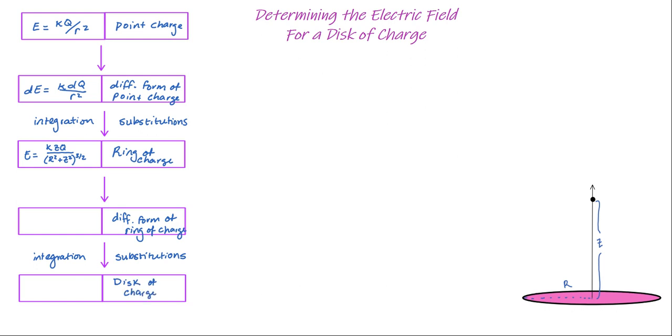Now, visually speaking, what's happening here is we're saying, well, eventually to get to a ring of charge, we're adding up a bunch of points. In this case over here, we're adding up in order to get to a disk of charge.